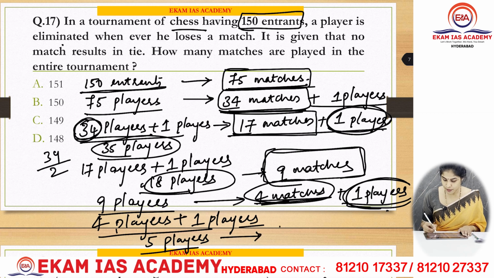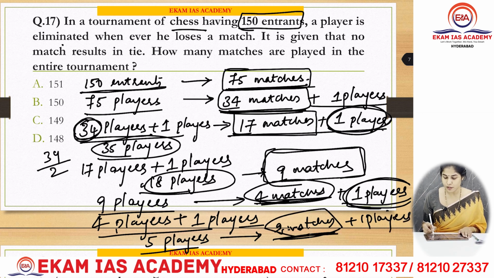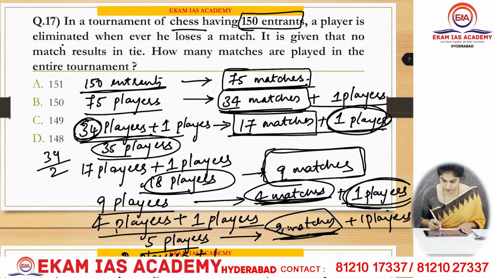So these 5 players will play 2 matches plus 1 player is remaining, right? From these 2 matches, 2 persons would be eliminated, and the remaining is 2 players plus 1 player.